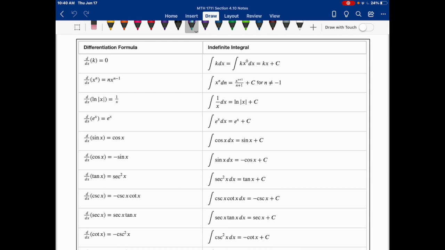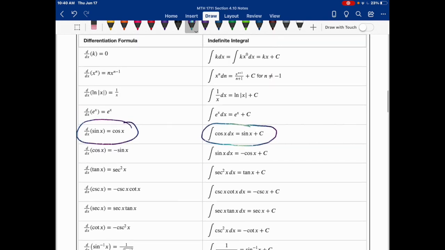And if you scroll down here, we have some of the basic rules of integration, and we put them side by side here with the formula for taking the derivative. So for example, let's look at this here, just for an example. If I take the derivative of sine, I get cosine. So working backwards, when we do the antiderivative or we find the indefinite integral, I'm going to get sine x plus c.